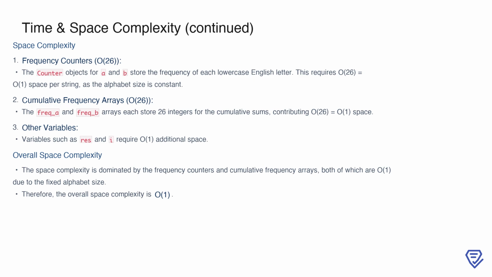Additional variables such as res and the loop index i require only O(1) space. In conclusion, the overall space complexity is determined by the frequency counters and cumulative arrays, both of which operate within the fixed alphabet size. This leads to a total space complexity of O(1), as no extra memory is required that grows with the input size.